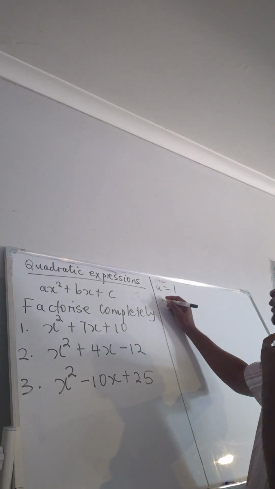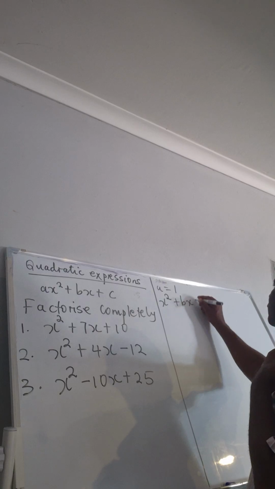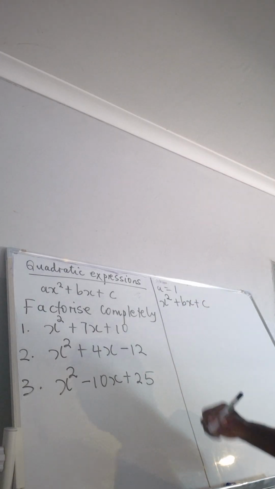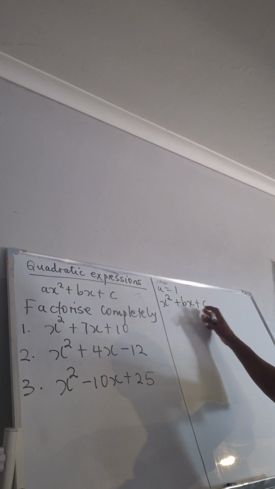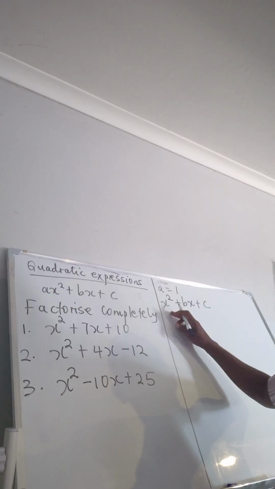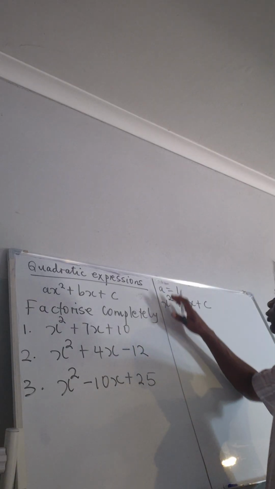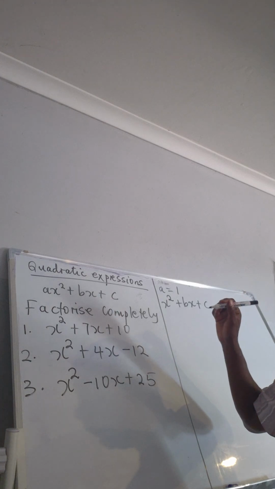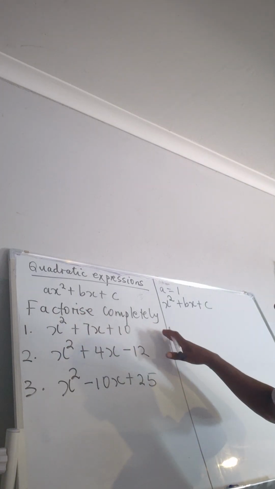That means our expression is going to be x squared plus bx plus c, where b is the coefficient of x and c is the constant. So our coefficient of x squared is 1 for now. We will deal with those ones with a greater than 1 later. Factorize completely.